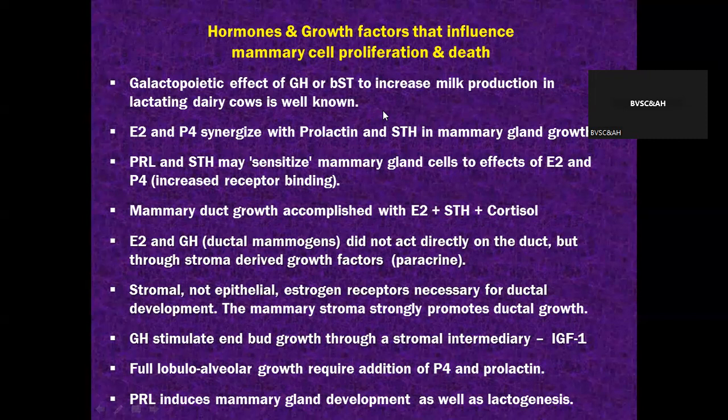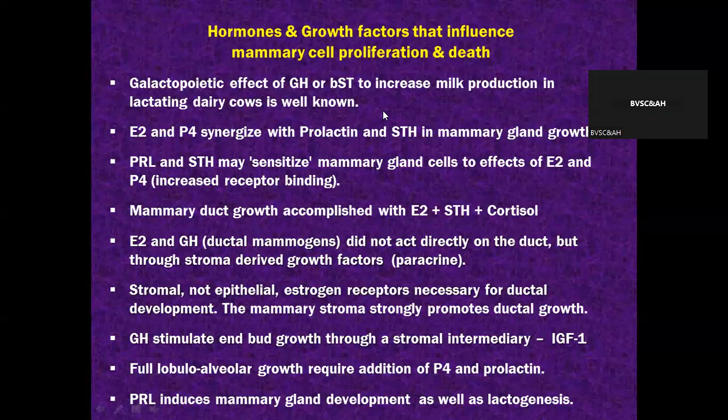If you inject BST or growth hormone, you'll find that the milk yield increases, and this strategy is being used in developed countries, particularly in the USA and Canada and many other countries. Whereas E2 and P4, that's estrogen and progesterone, synergize with prolactin and growth hormone in mammary gland growth.